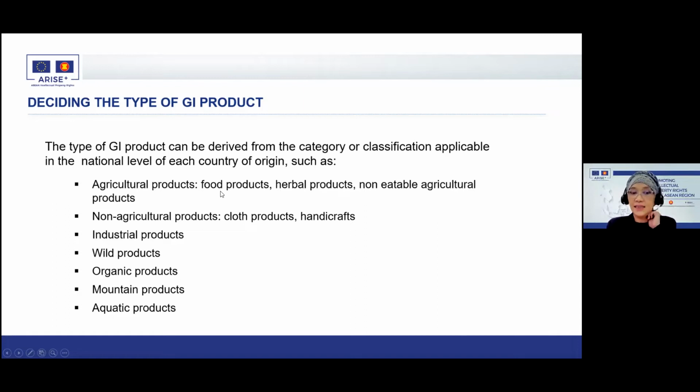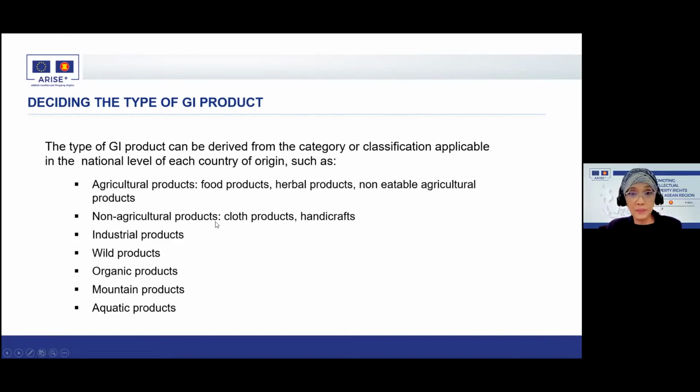Such as agricultural products, which consist of food products. Now, agricultural products is the classification in the European Union actually, but herbal products is the classification from Indonesia, sorry. And non-eatable agricultural products can consist of them.